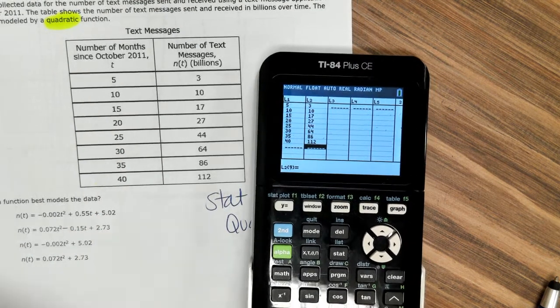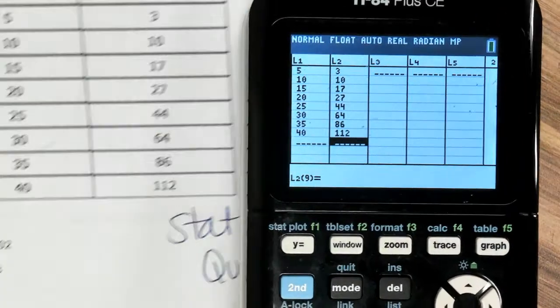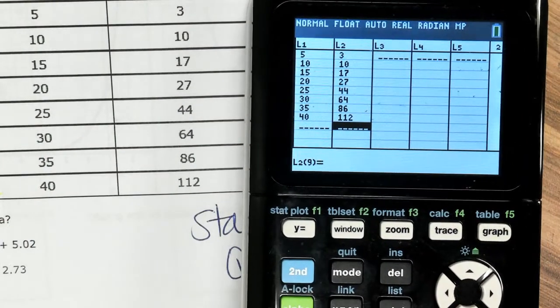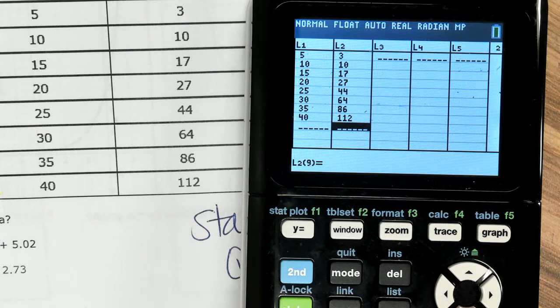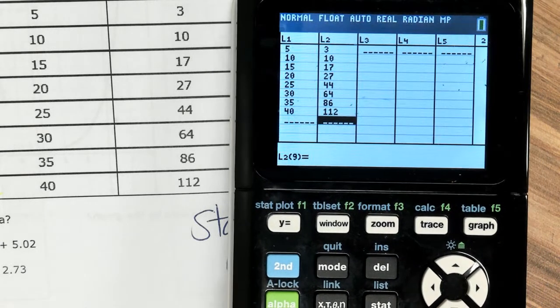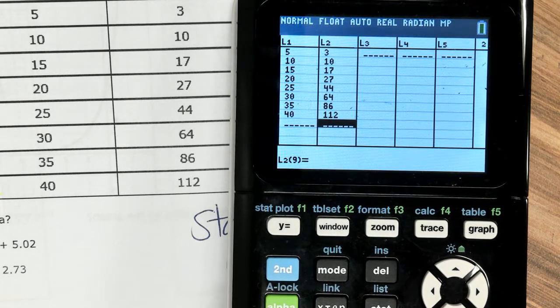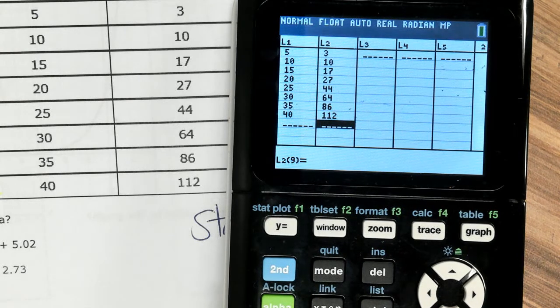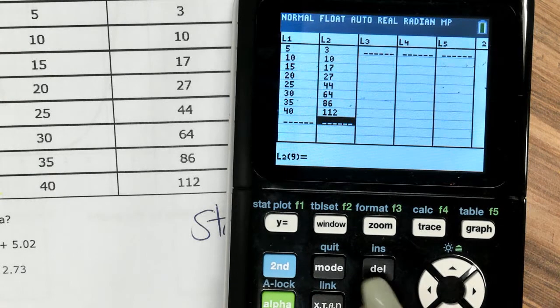Make sure your data is put in correctly. Go to Stat Calc.